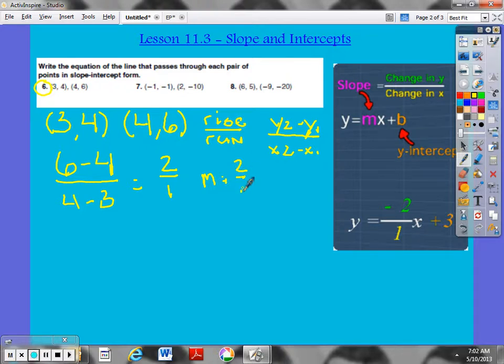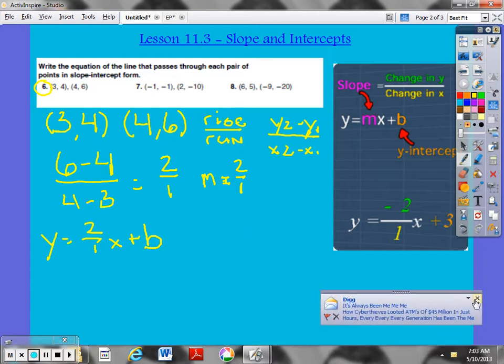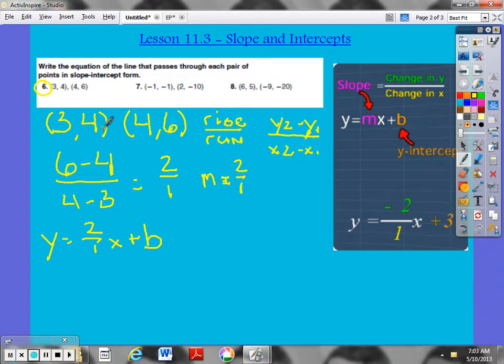So m is equal to 2 over 1. Now, if I am to write this in slope-intercept form, I have y is equal to 2 over 1 times x plus b, or the y-intercept. I can find the y-intercept by plugging in one of these ordered pairs.